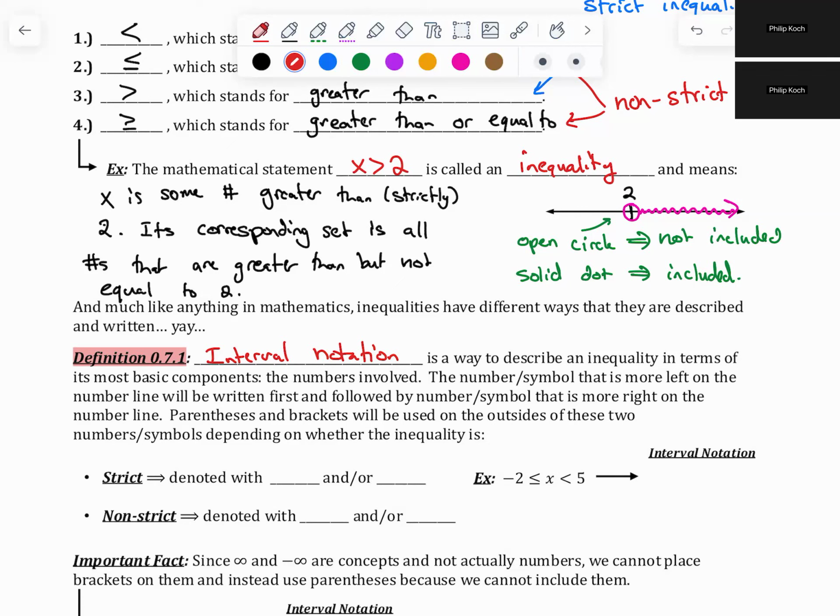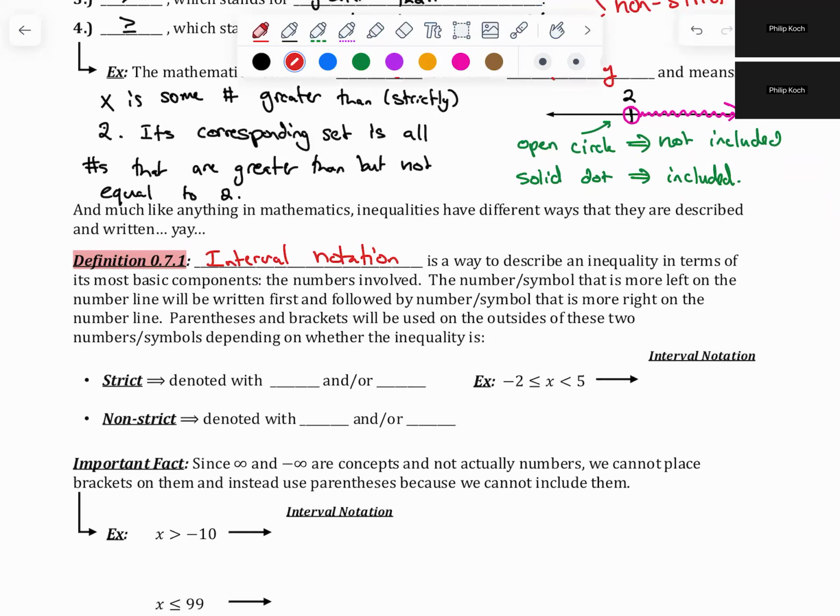Then parentheses and brackets are used on the outside of these two numbers, depending on the type of inequality. A strict inequality is denoted with parentheses, either this and/or this, and you'll see why I say and/or in a moment. Whereas a non-strict inequality uses brackets, a left bracket or a right bracket.